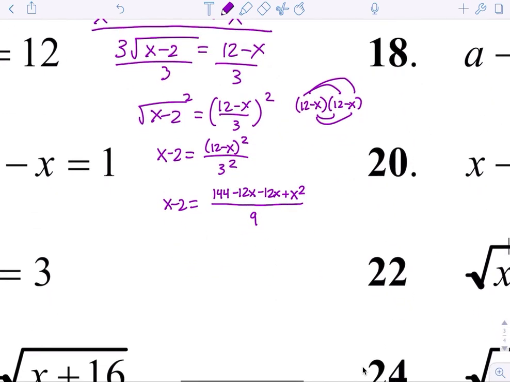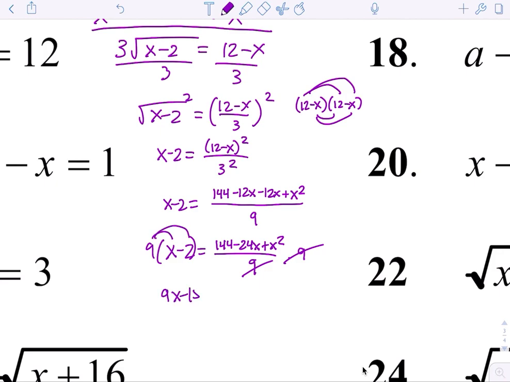Okay, x minus 2 is equal, just simplifying the top. Now I'm going to multiply both sides by 9. These cancel, so I distribute 9 to both, so we get 9x minus 18 is equal to, I'm going to reshuffle these, x squared minus 24x plus 144.